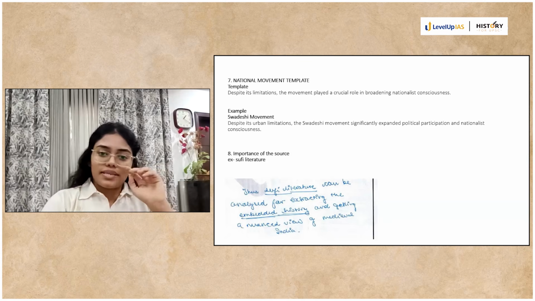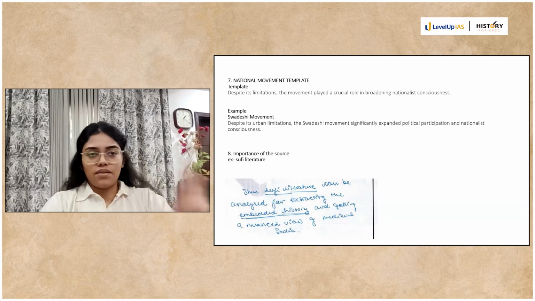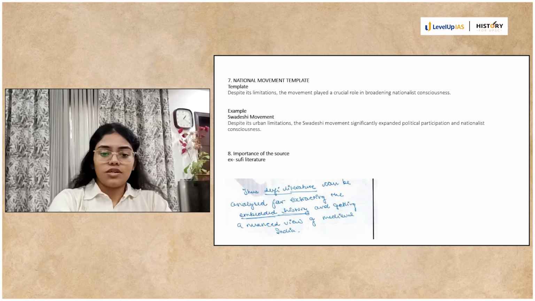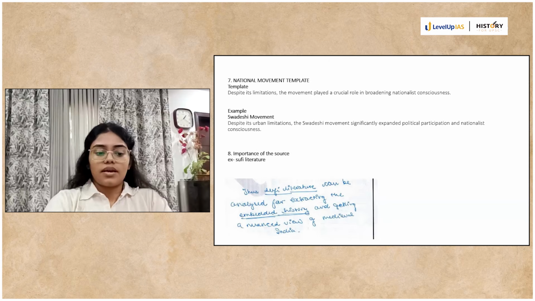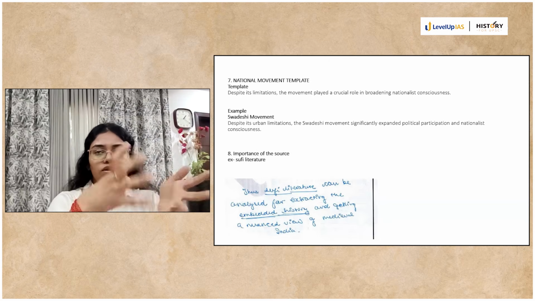तो वो जो synthesis and anti-synthesis अपन पढ़ते हैं in world history, you have to do it in conclusion as well. कि you have shown every factor, but the Sufi literature, for example, it is important for extracting the embedded history and getting a nuanced view.